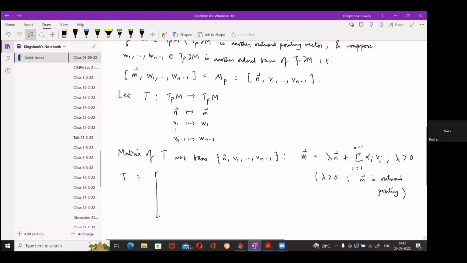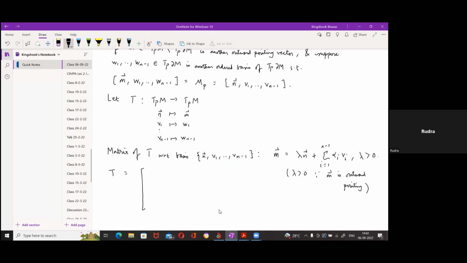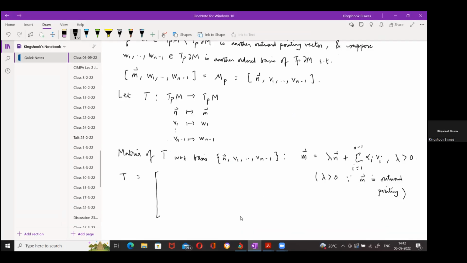Okay. So we have this linear map T, which sends one basis of TPM to another basis of TPM, which sends an outward pointing vector n to an outward pointing vector m, and it sends a basis v1 to vn minus 1 of TP boundary M to a basis w1 to wn minus 1 of TP boundary M. So m I can write as a positive multiple of n plus a linear combination of the vi's.